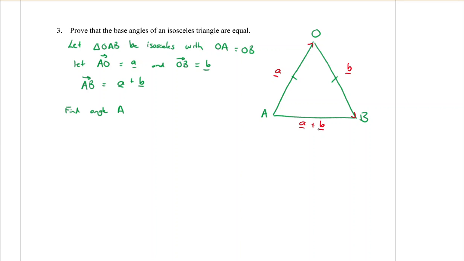Okay, so finding angle A, as I gave a clue away, we're going to be using dot product here because we learned that we could find an angle by doing the two vectors that are making the angle multiplied together is equal to the length of each vector multiplied together times cos of the angle in between.